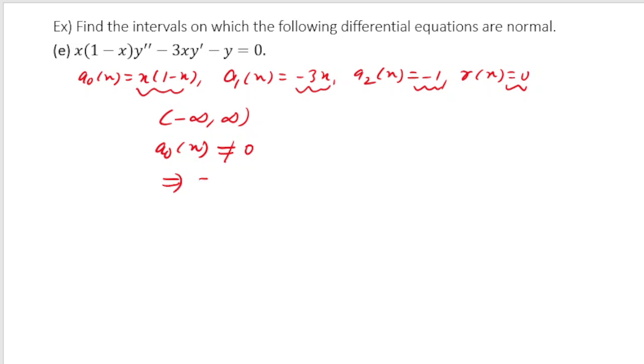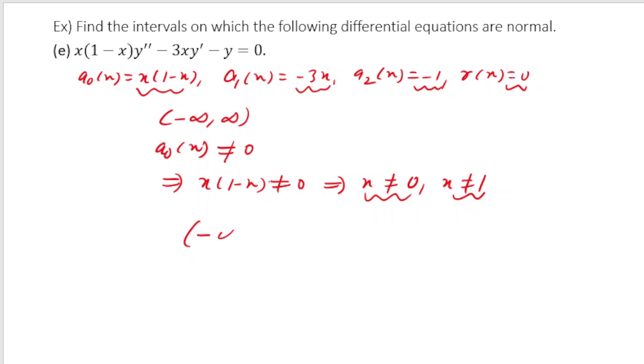So if I put x into 1 minus x not equal to 0, means what? That x should not be equal to 0 and x should not be equal to 1, because if x is 0 then this will become 0, if x is 1 then this will also become 0. So x can't be 0 or 1, means from the set of real numbers I have to exclude the points 0 and 1.